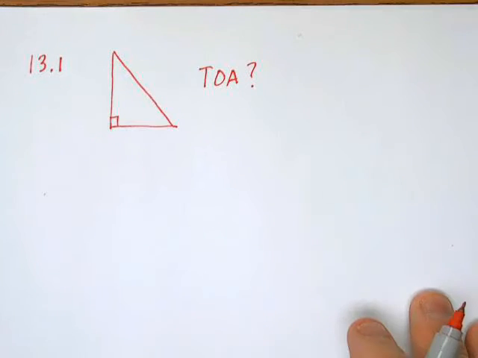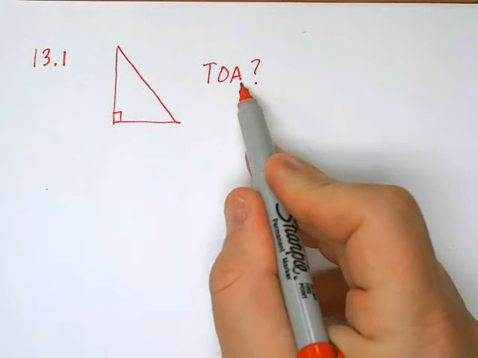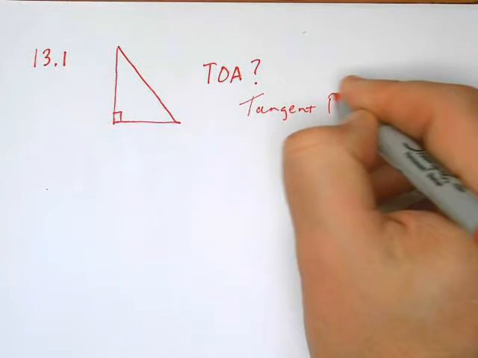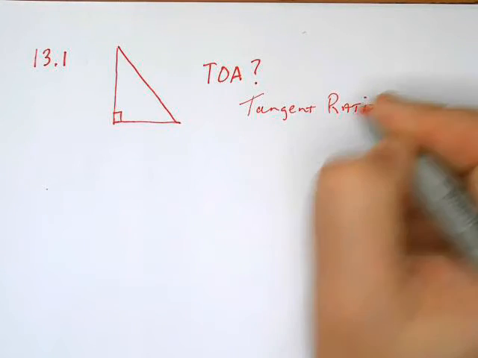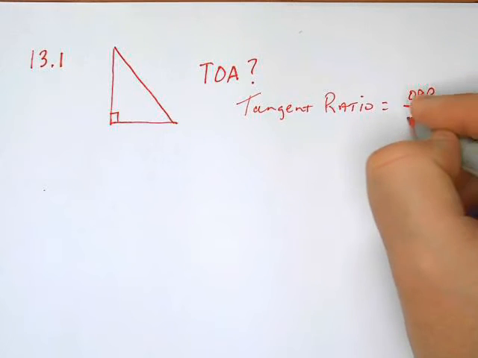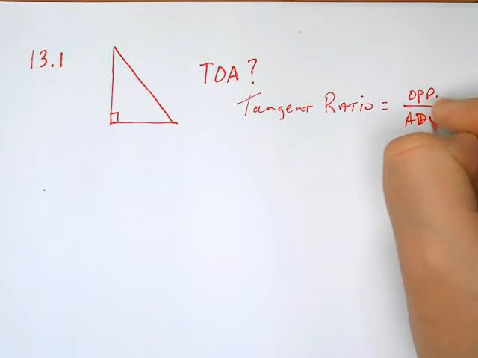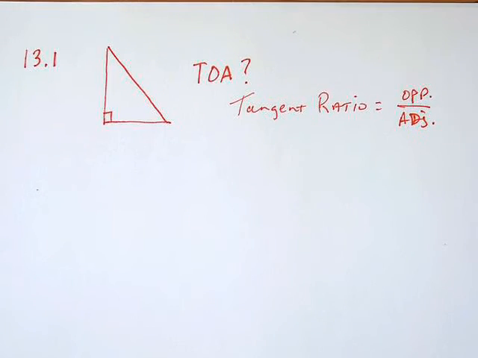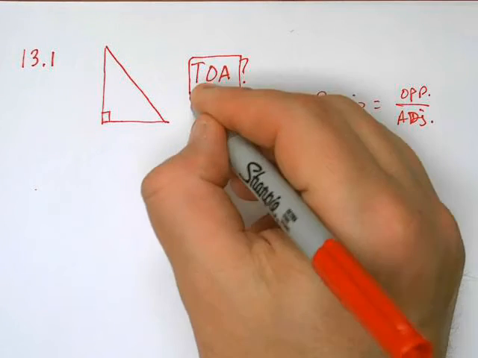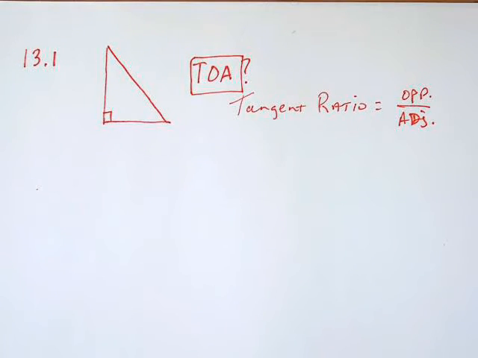Tangent is the opposite over the adjacent. So we are discussing the tangent ratio, and it is always the opposite over the adjacent. So this is just an abbreviated way to write the tangent ratio.